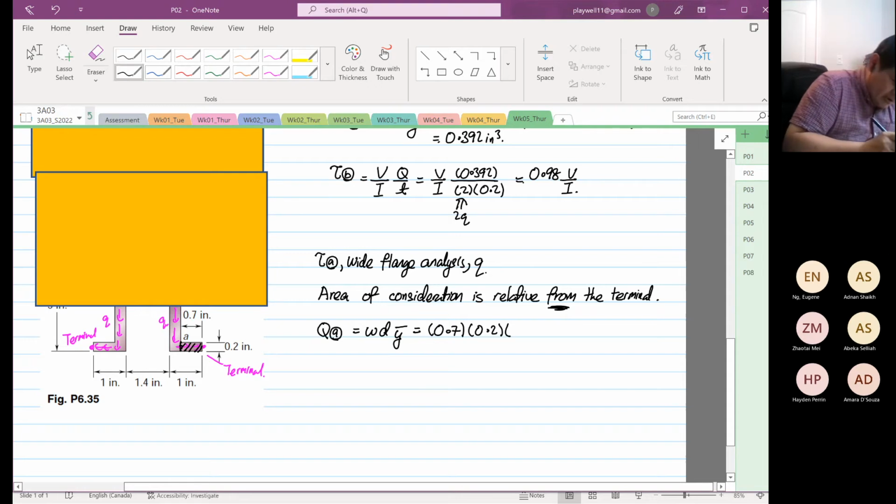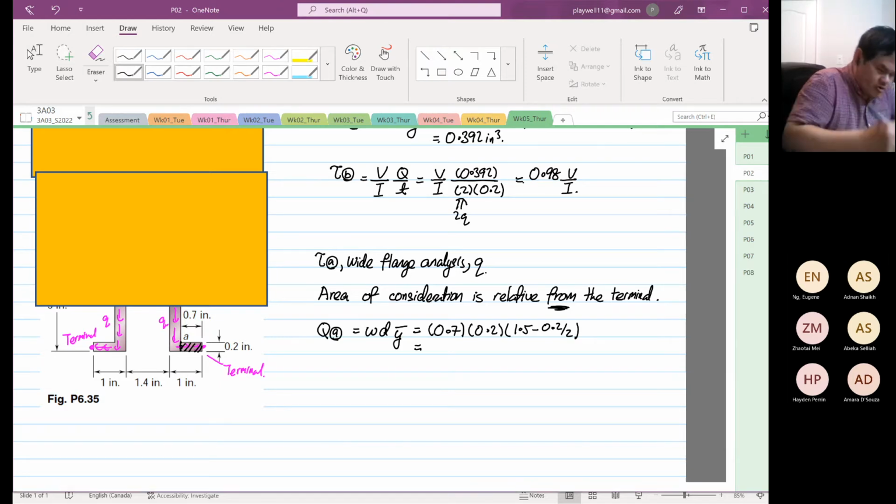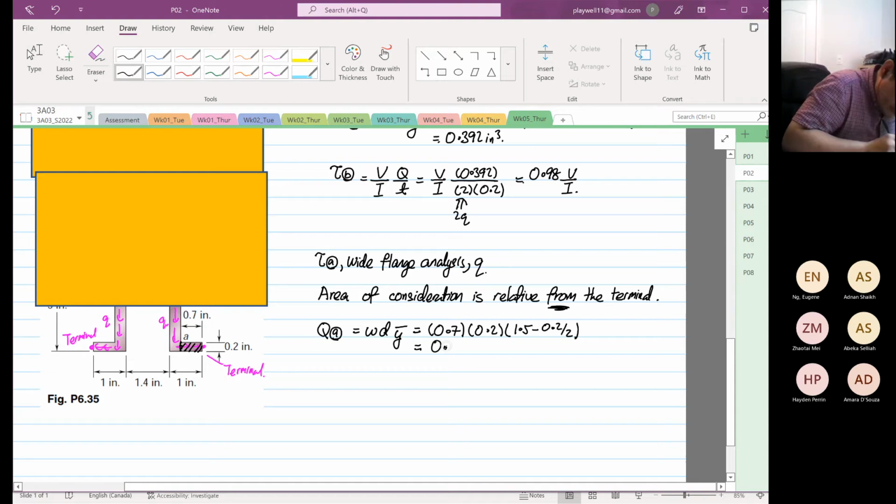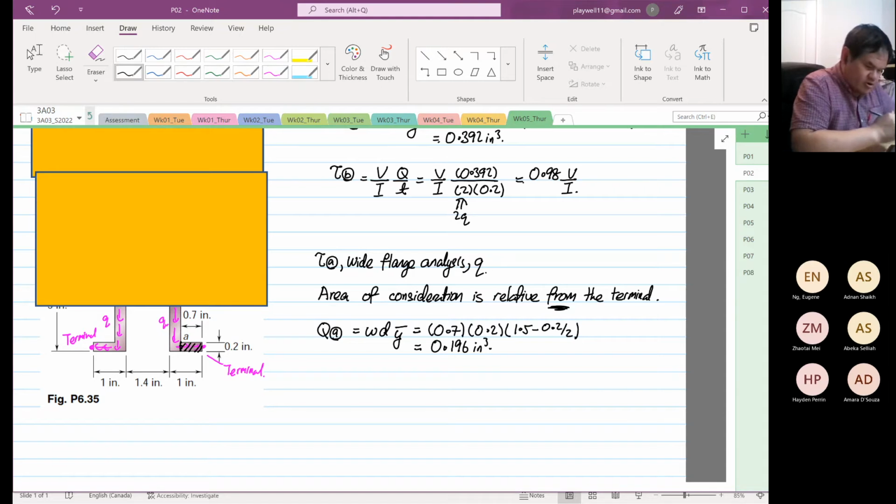The y bar is 1.5 minus 0.2 divided by 2. So this is equal to 0.7 times 0.2 times 1.4 is equal to 0.196 inches cubed. Let me do it again. So 1.4 times 0.7 times 0.2 is equal to 0.196 inch cubed.